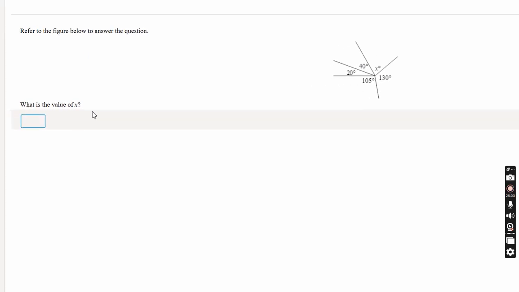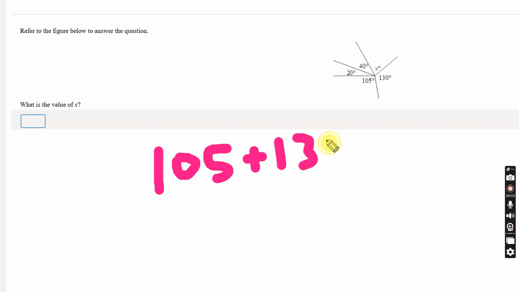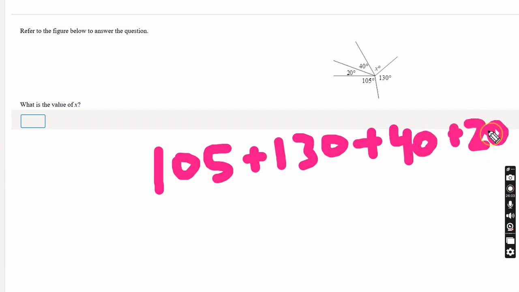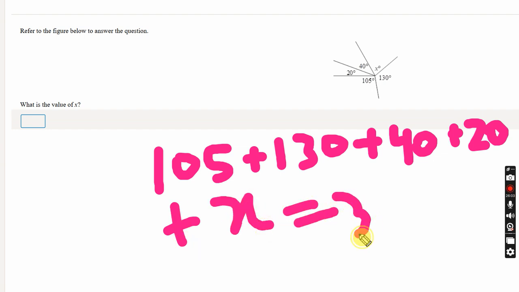Now here, what is the value of x? Again, look at the lines. You can make a complete circle, right? So make that and then add. So 105 plus 130 plus 40 plus 20 plus x is equal to 360. Remember, a circle is 360 degrees.